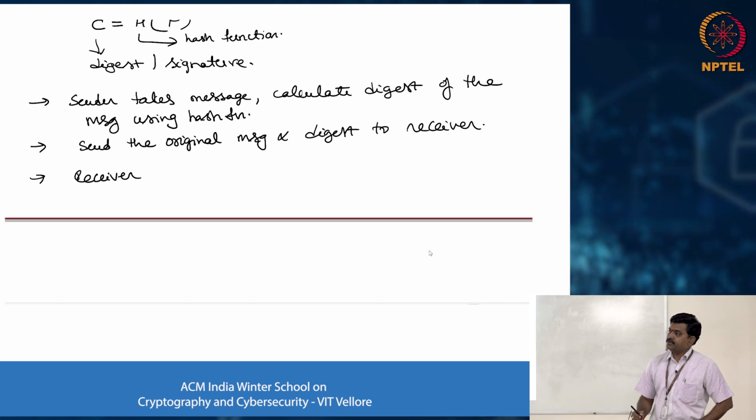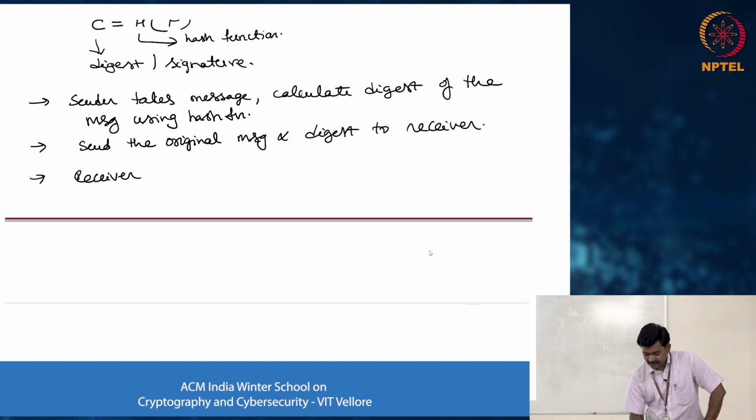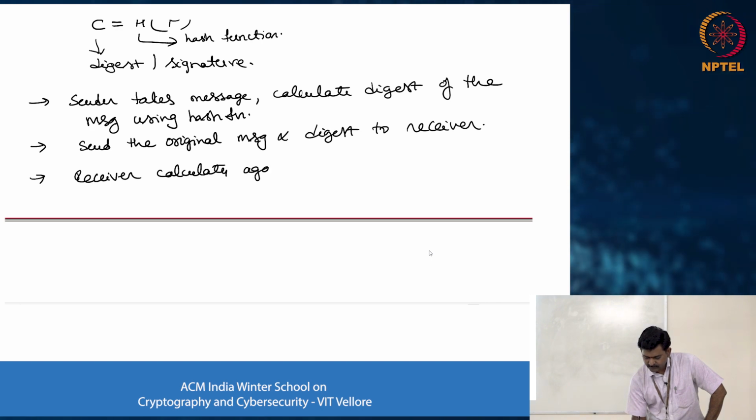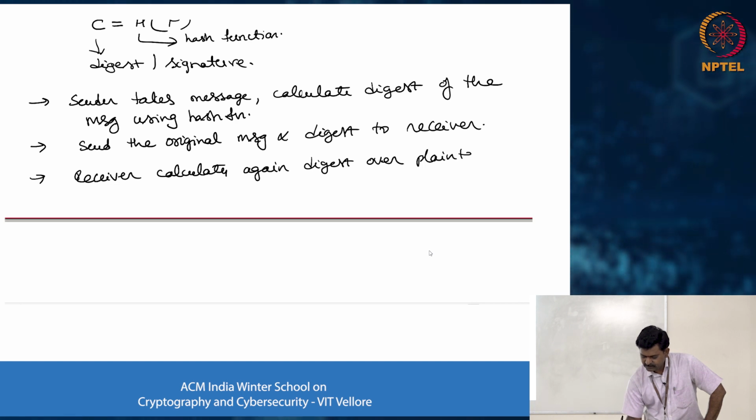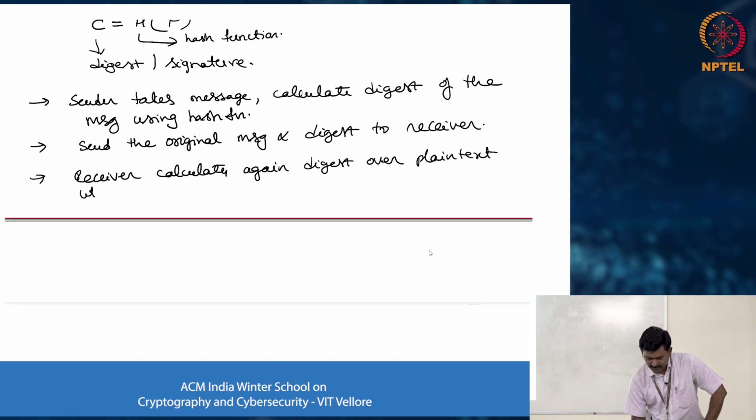What will the receiver do? The receiver calculates the digest again over the plain text, which is the received plain text.